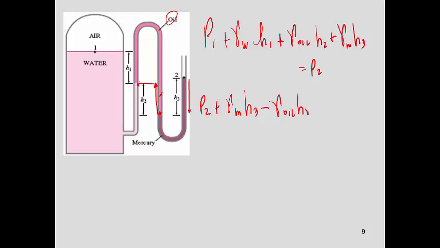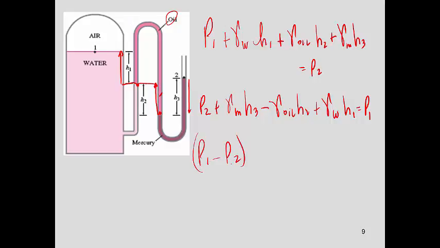So now I move here. I already used H2, the depth I only use once. Now I'm going to go up in the water plus gamma water H1, and that's going to be equal to P1.